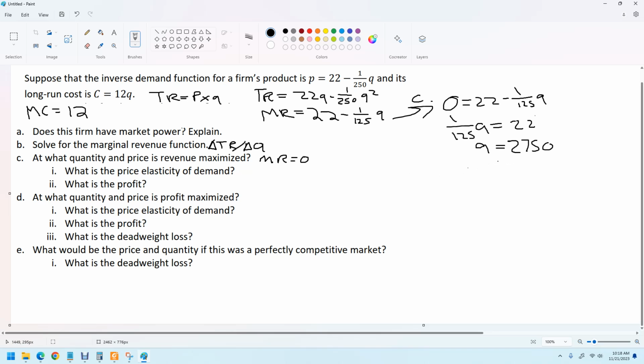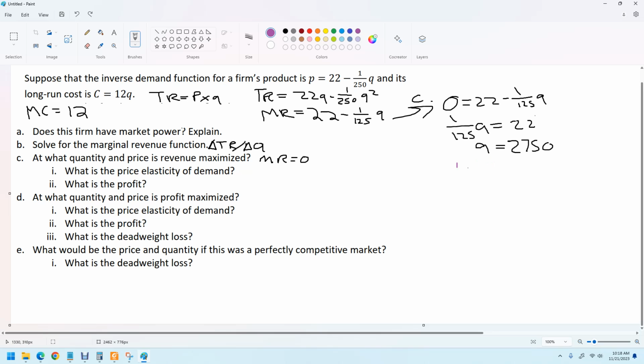And then we want to know what the price is at that particular quantity. So we're going to go back to the original demand function and plug in that quantity, and that gives you the price where total revenue is maximized.